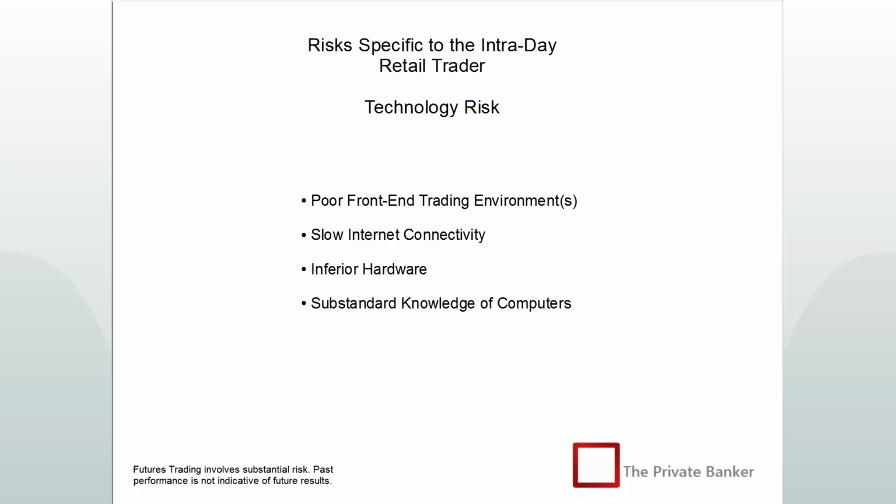Not as critical, since for the most part the levels are the levels, but latency is certainly a concern. Inferior hardware is just having a slow old computer that can't process all the data you're working with. That goes into the whole thing of freezing or the computer crashing with a trade on. It's a really dangerous scenario.